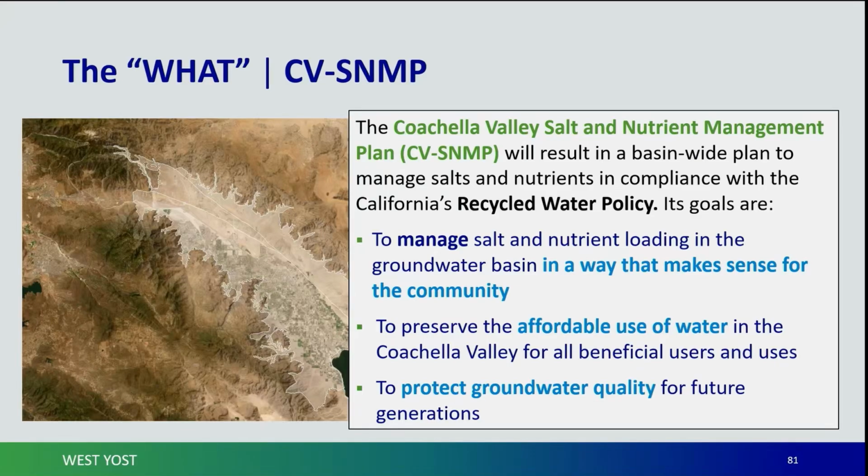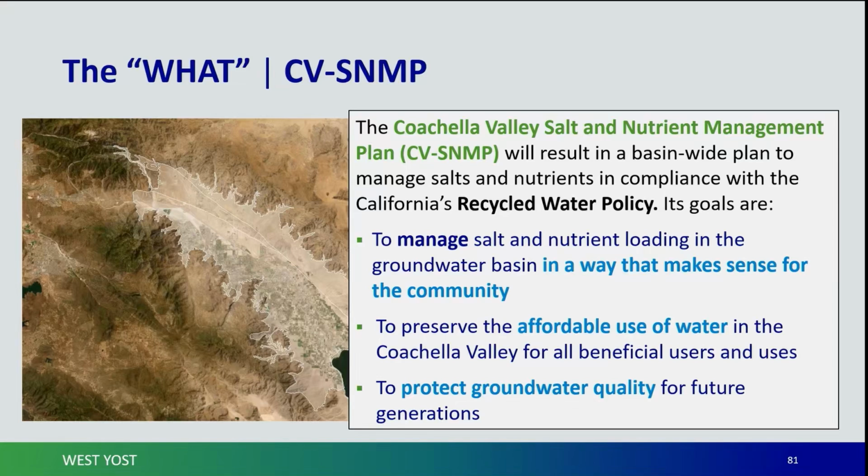Thank you. So what is the CVS-NMP? It's the Coachella Valley Salt and Nutrient Management Plan. At the end of this long-term process, it'll be a 5-year process, it will result in a basin-wide plan to manage salts and nutrients in compliance with California's recycled water policy.